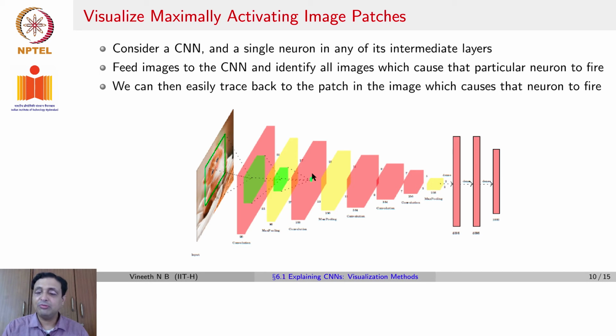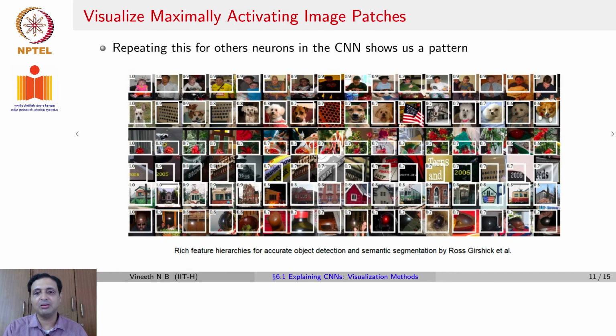Now, if we took images and tried to understand which of them caused a particular neuron to fire, you end up seeing several patterns. So in this set of images, each row corresponds to one particular neuron that was fired, and the set of images and the region inside that set of images, which is shown as a white bounding box, caused that neuron to fire.